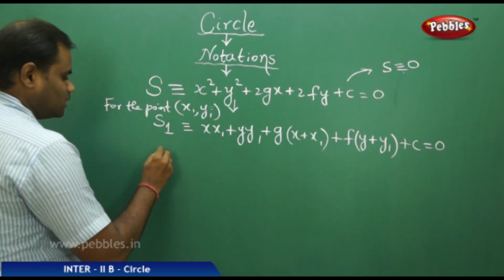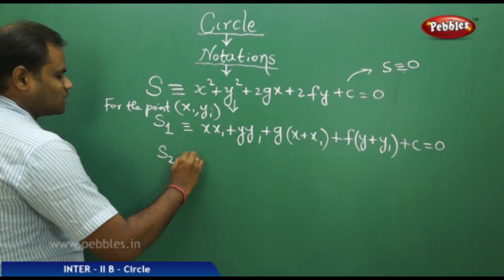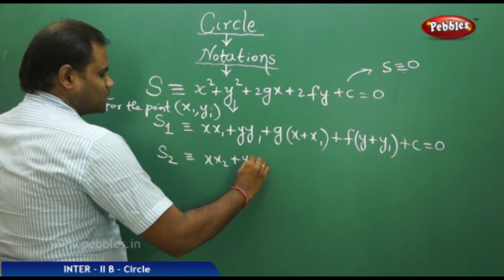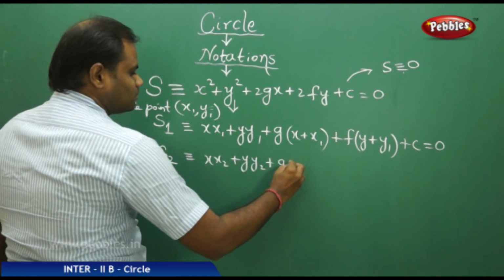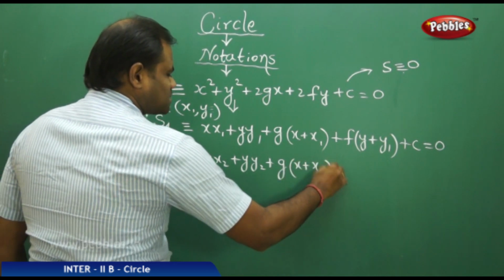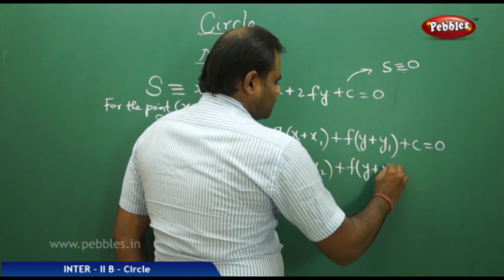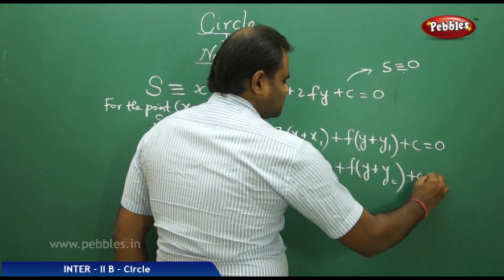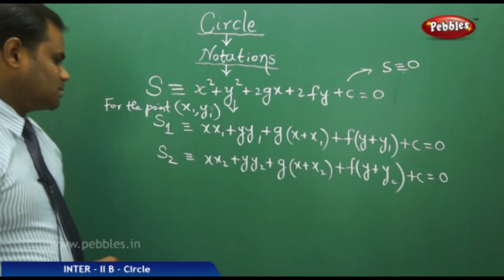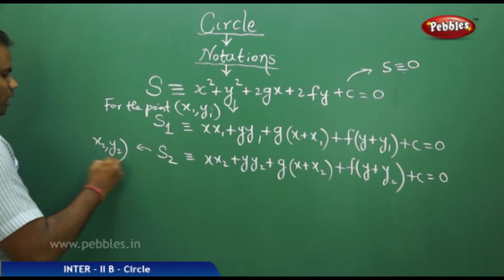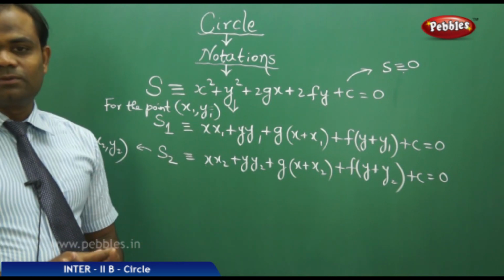Say for example, if I wanted to find S2, then in this case I have x2 squared plus y2 squared plus g times of (x plus x2) plus f times of (y plus y2) plus c equal to 0. This is for the corresponding point x2 comma y2 through which I have S2.